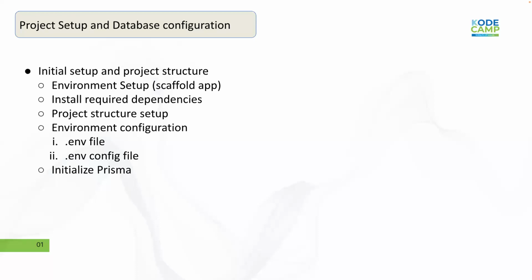The first thing we'll do is the initial setup of our project structure. We'll scaffold our app. We'll install the required dependencies. We'll set up the structure of our project. Then we'll configure environment variables. Last but not the least, for today, we'll initialize Prisma, and if there's time, we'll configure Prisma as well.